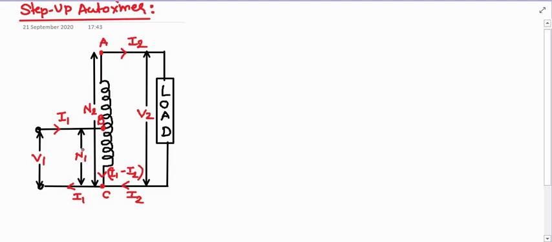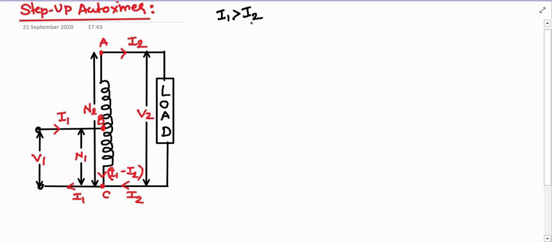So the currents I1 and I2 being in phase opposition, and my I1 is greater than that of I2. Right? My I1 is greater than that of I2. Why? Because this is a step up transformer. Means secondary voltage is more. So secondary current is less and my primary current will be more. Right?